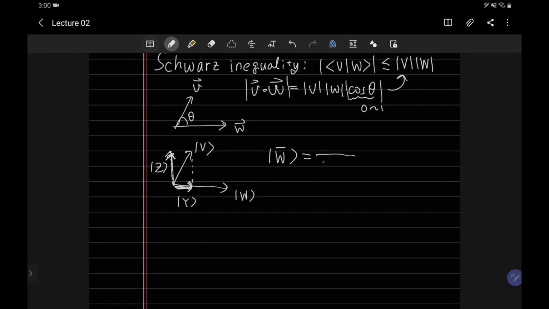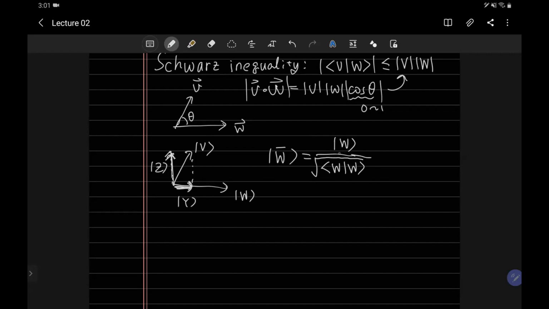So to find such a vector, we have to calculate the length of the original vector, which means taking the square root of the inner product of W with itself.